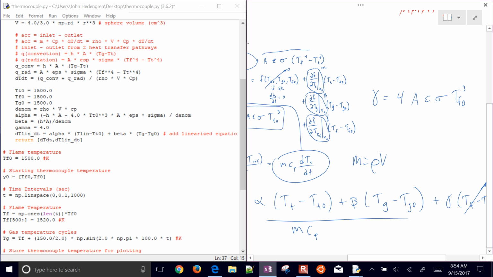Okay, so there's my gamma value. All right, and then I have to divide it by that denominator as well. So 4 times flame temperature to the third, and then times area times epsilon times sigma, and I'll put the parentheses around it and divide it by that denominator.